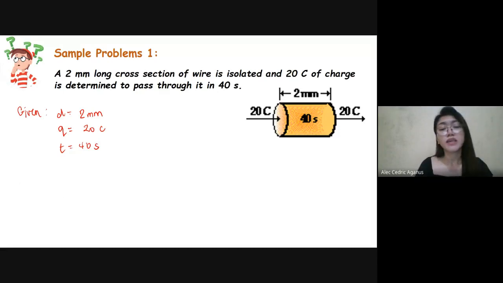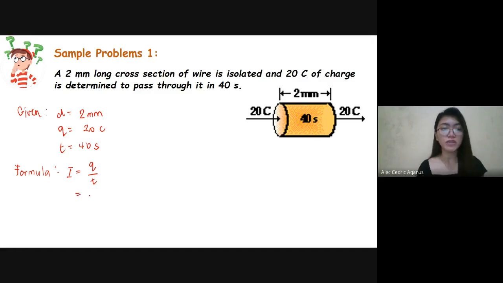Since in the given equation distance is not essential, just focus on the charge and the time. So write the formula: current is equal to Q over T. Substitute the given values.